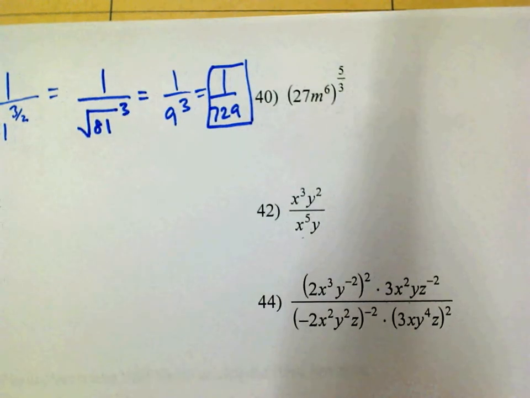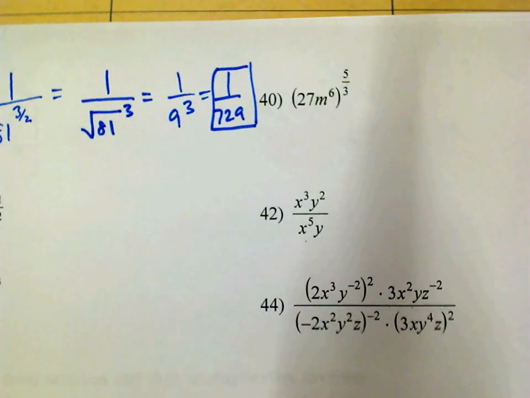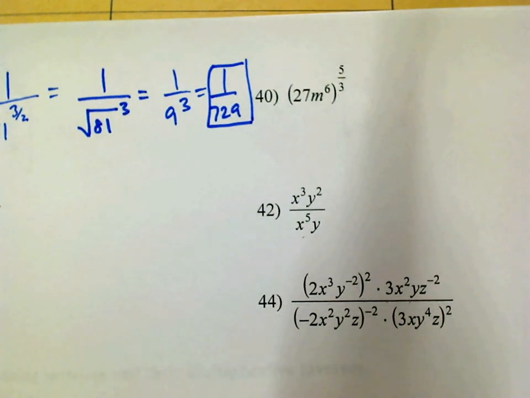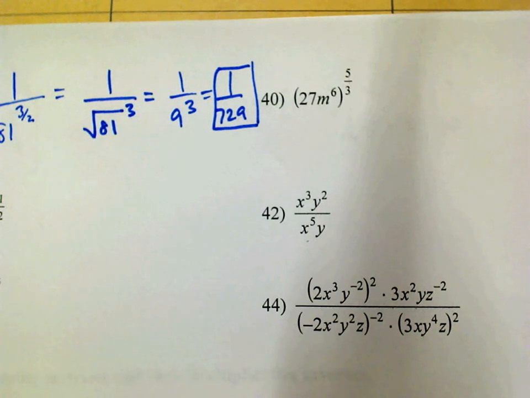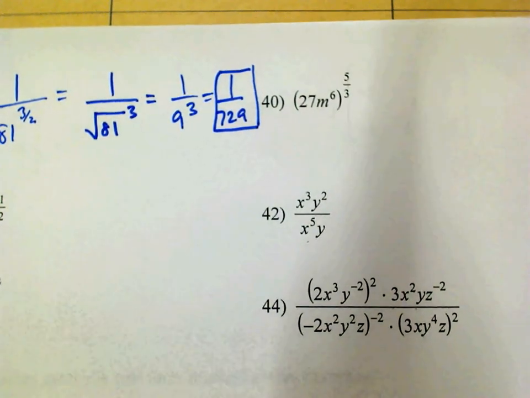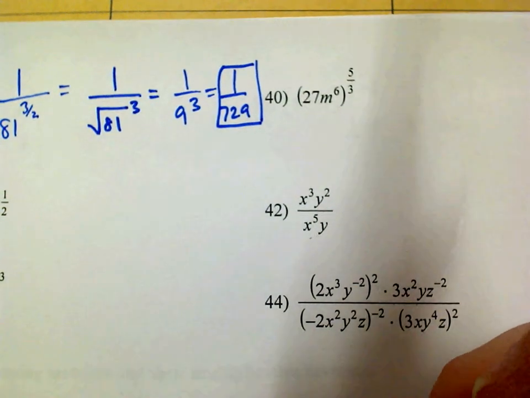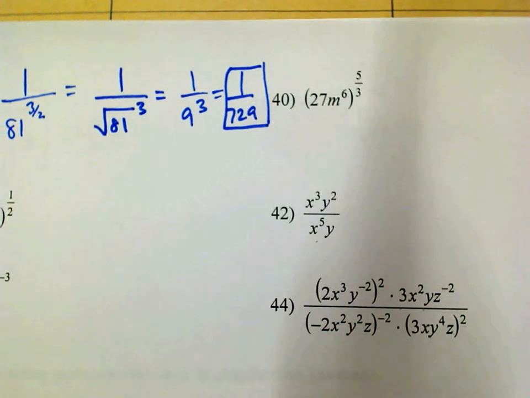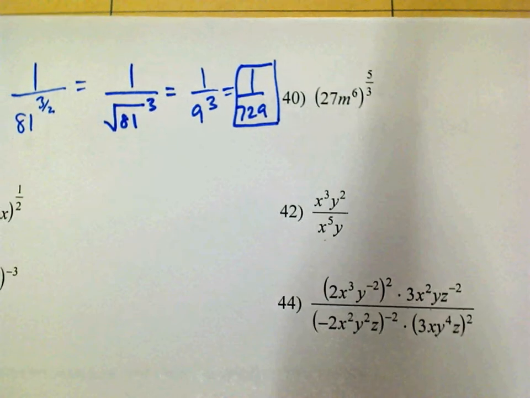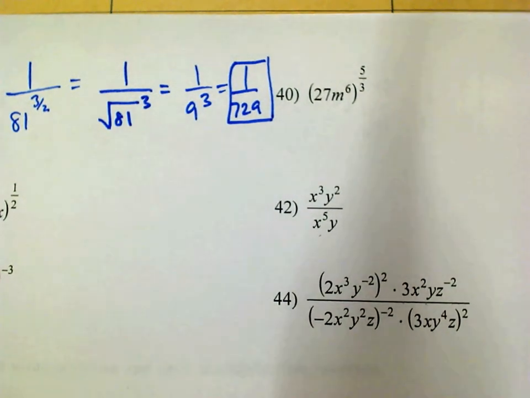On the next one, I'm asking you to find 27m to the 6 all to the 5/3 power. Okay. So what did you do here? I want to know what were you thinking? What are y'all's thoughts? Any thoughts? What'd you do?